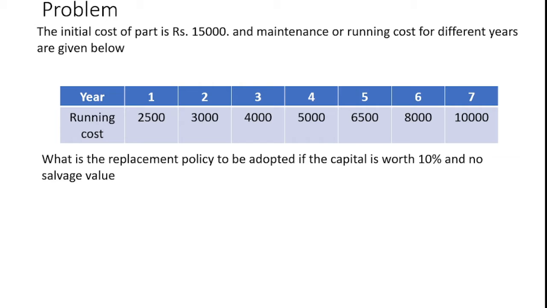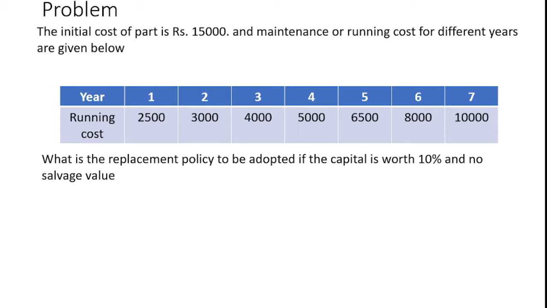The first year consumes 2,500, the second year consumes rupees 3,000, the third year consumes rupees 4,000, the fourth year consumes rupees 5,000 and the fifth year consumes rupees 6,500. Finally, the seventh year consumes rupees 10,000.